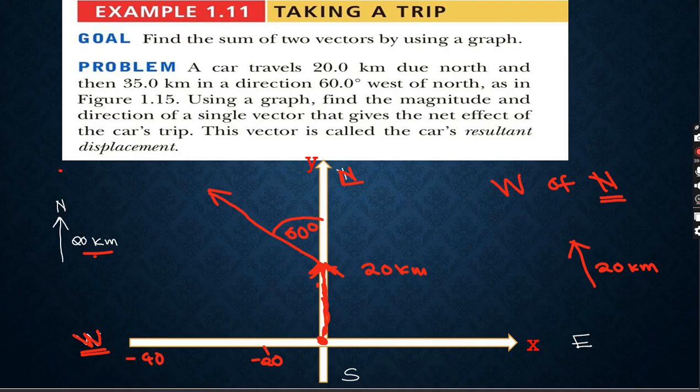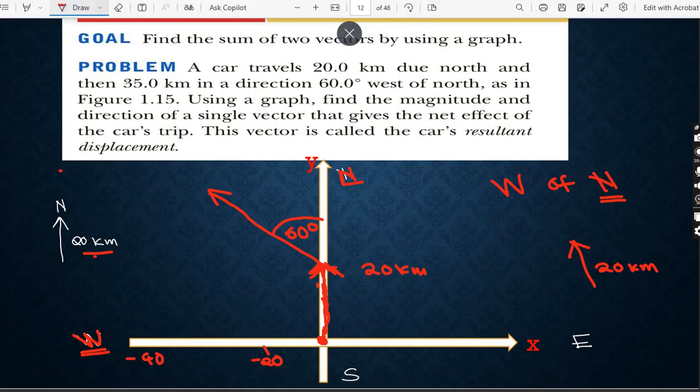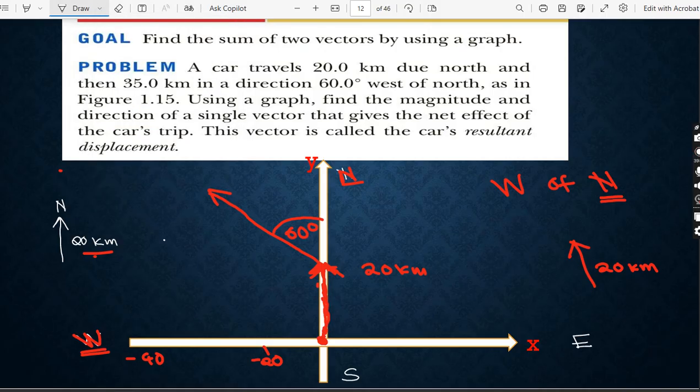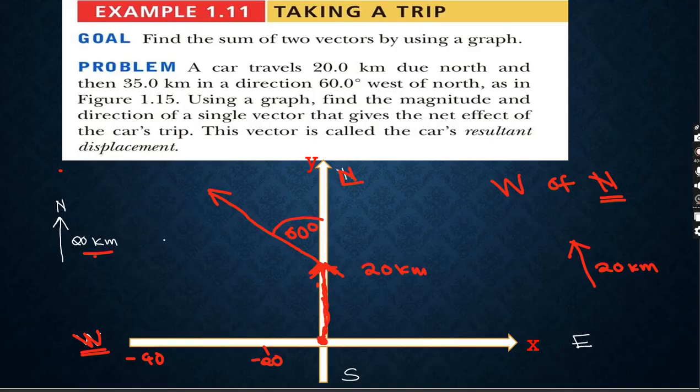Now to find the resultant vector which they are asking for, we connect the two lines from where the car started moving to where it ended. We draw the line connecting the two. Let me maybe change the color. Drawing the line is the only part I suffer too much with.